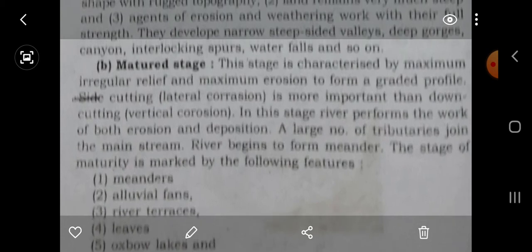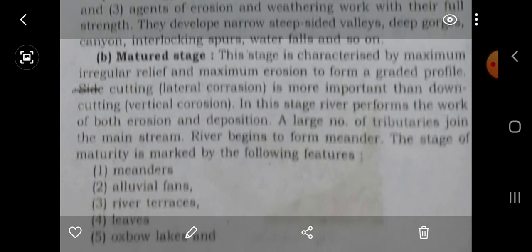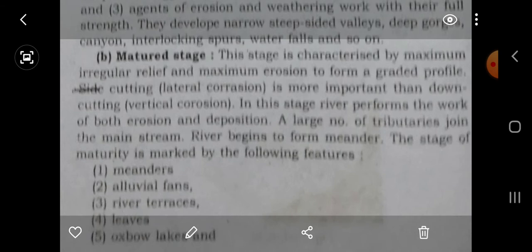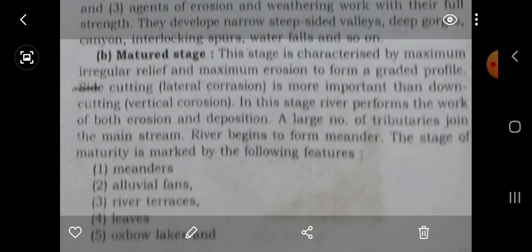And in the matured stage, this stage is characterized by maximum irregular relief and maximum erosion to form a graded profile. Side cutting, or lateral erosion, is more important than down cutting or vertical erosion. In this stage, the river performs the work of both erosion and deposition.